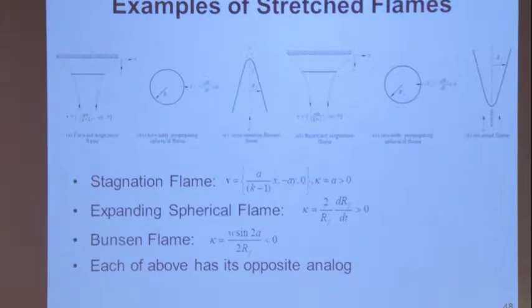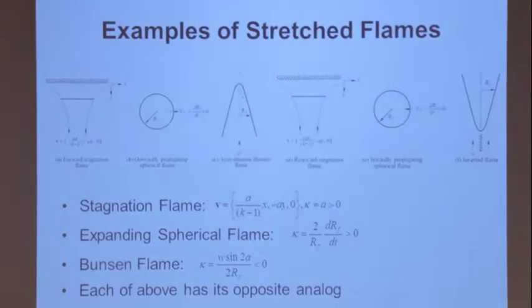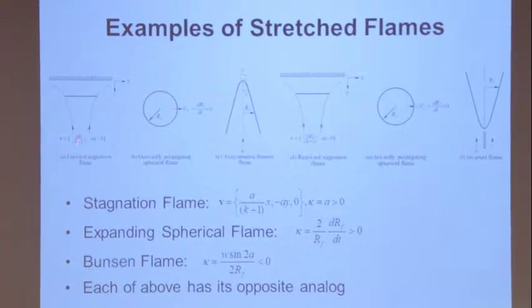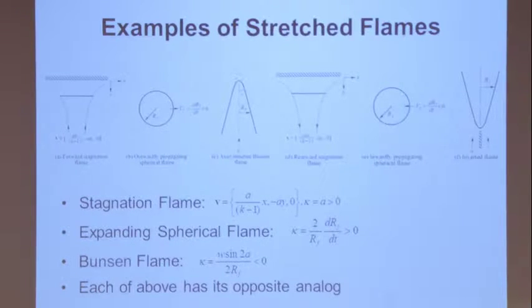So let me give you some examples of stretched flames. One is the stagnation flow, the counterflow which we studied. I told you there's a strain rate. In stagnation flow, the stretch rate is basically K, where A is the velocity non-uniformity, V equal to AY.